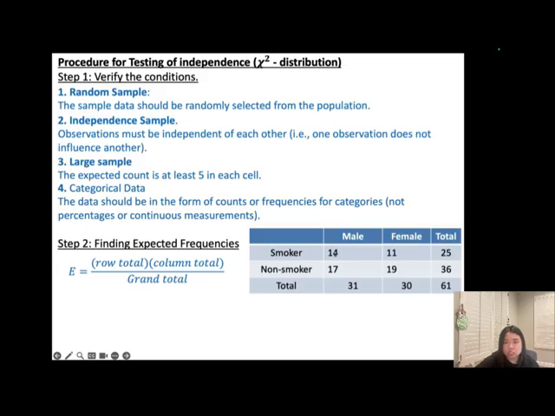We'll call this E11. The row total is 25 times the column total, which is 31. So 25 times 31 divided by the grand total, 61. You get an expected frequency of 12.7.